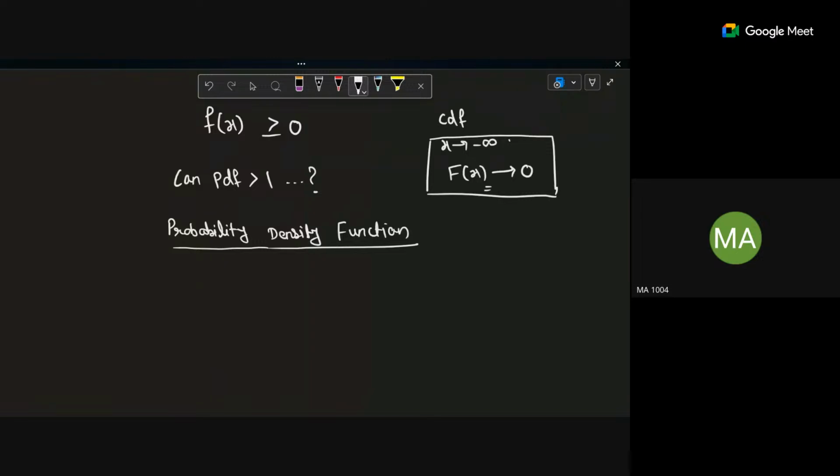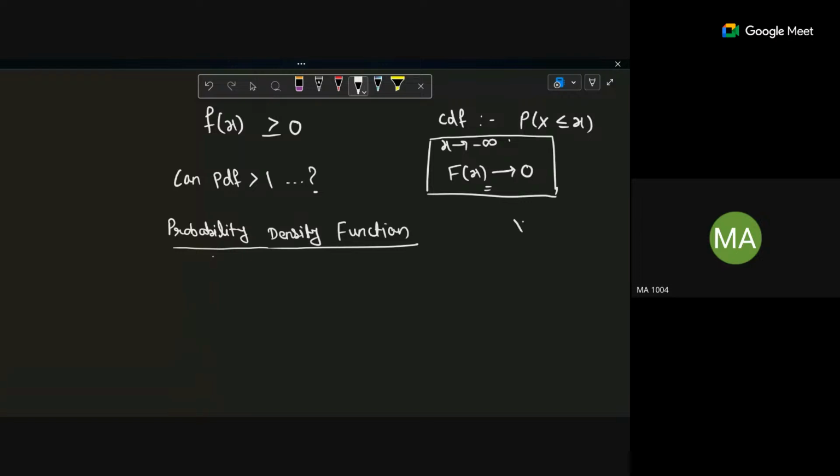PDF is the probability density function, and the CDF is the cumulative distribution function for the random variable x. In the CDF, we calculate the probability that x is less than or equal to a small x, that is, all values lying between negative infinity and x.